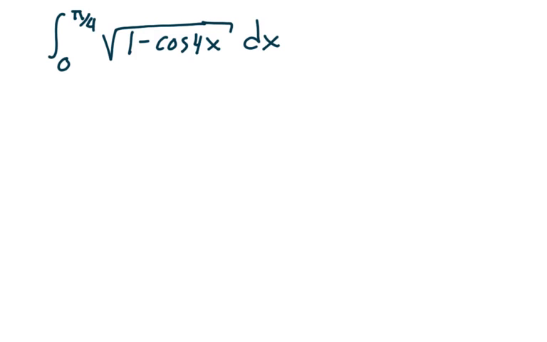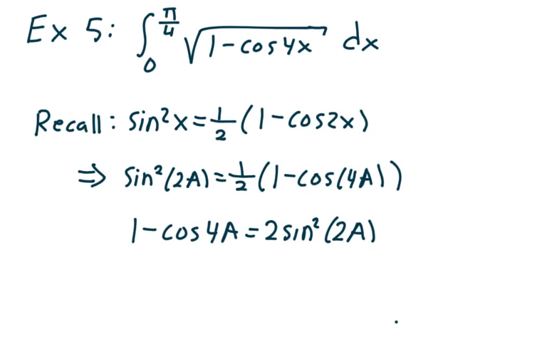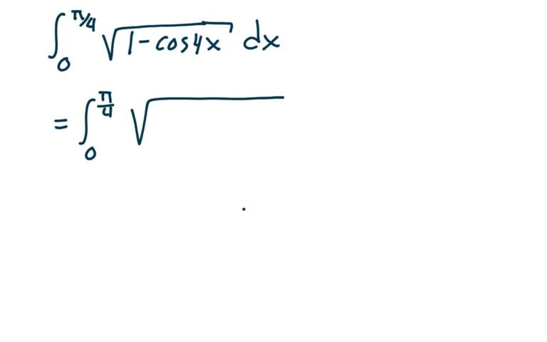I'm going to take the integral from 0 to pi over 4 of square root of 1 minus cosine 4x dx. And I'm going to write this as the integral from 0 to pi over 4 of the square root of 2 sine squared of 2x dx.